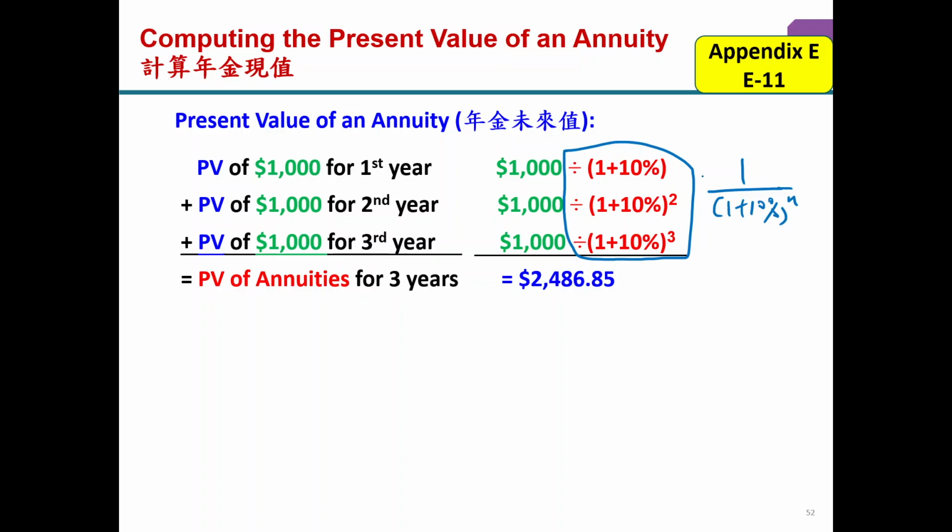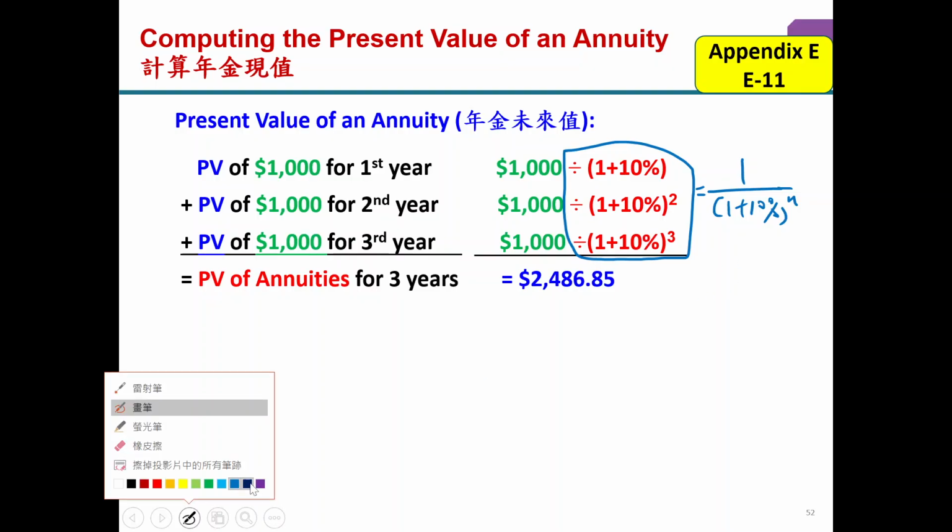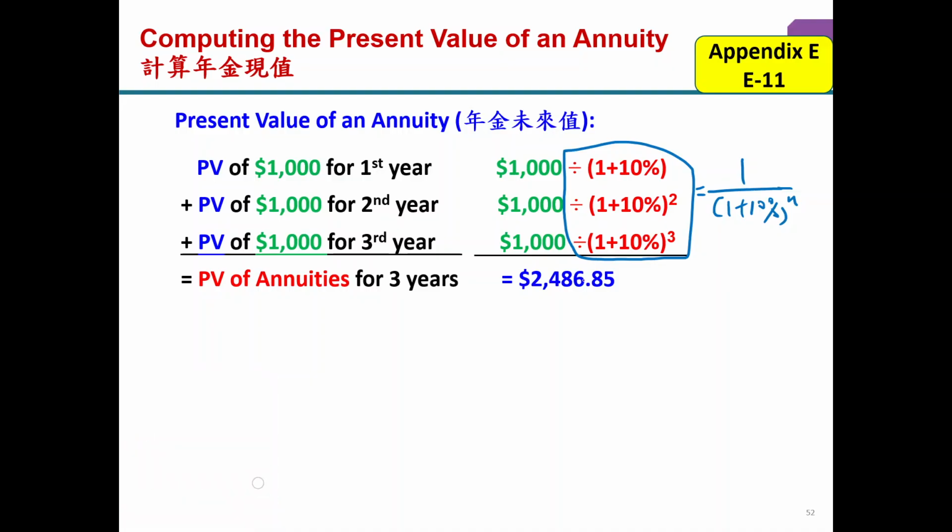So this is what we code. Use the number to get the present value. So it's your annuity's present value factor. 年金现值因子.